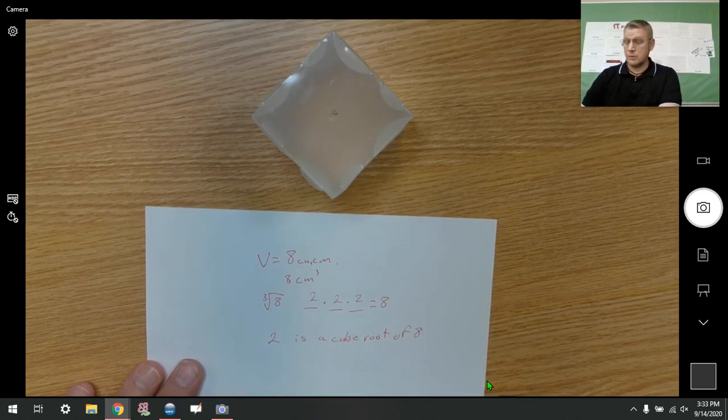Now if we work backwards, we can say 2 cubed is equal to 2 times 2 times 2, and that equals 8. So this way here, when we have our cube root, we want to break it into those smaller individual equal pieces. But when we cube it, we actually want to multiply that number 3 times and get our volume in this case.